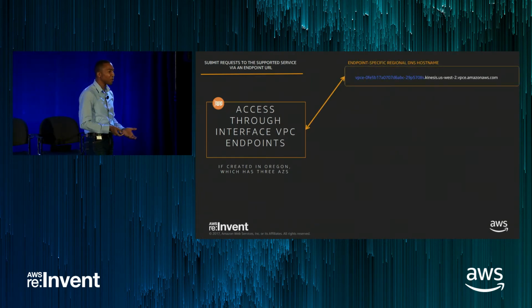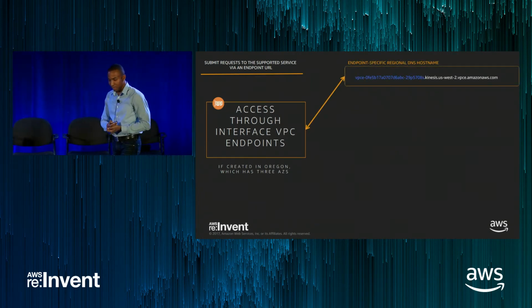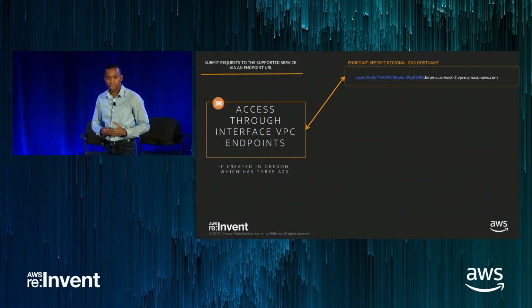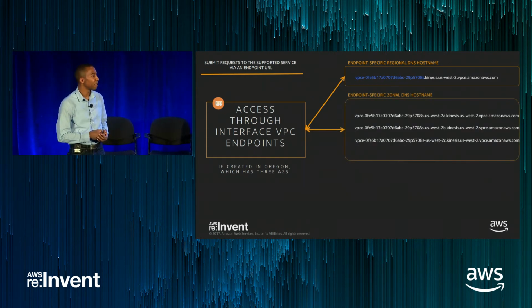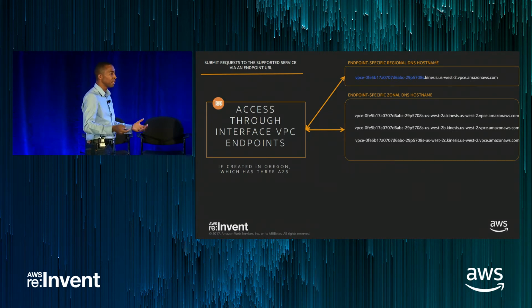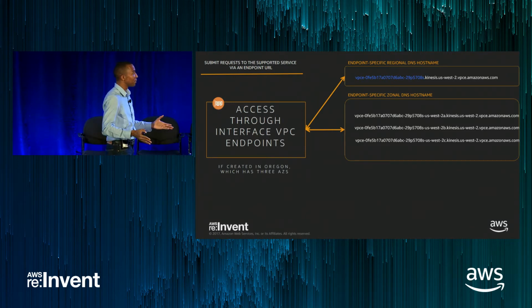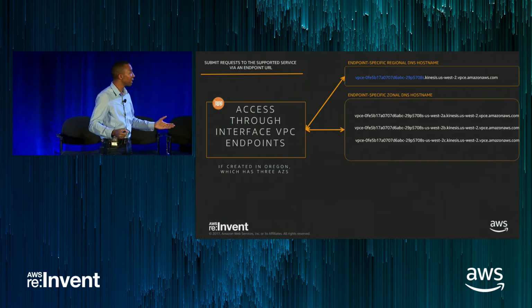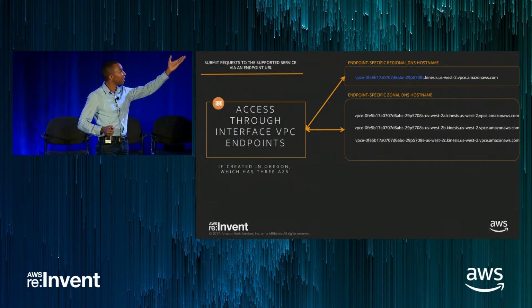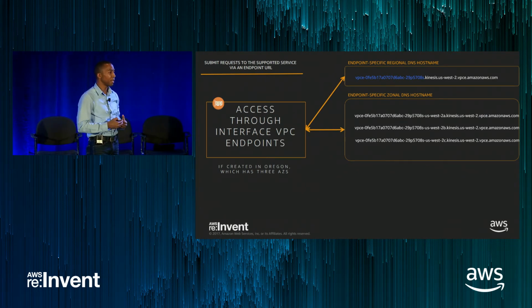So when you create your VPC endpoint, what is actually generated? We generate a set of endpoint host names. The first is what we call a regional DNS name. That's where you can specify that regional DNS name, and you don't have to worry about which availability zone your resources are in, because they'll communicate with that VPC endpoint URL, and then your traffic is routed to an ENI.